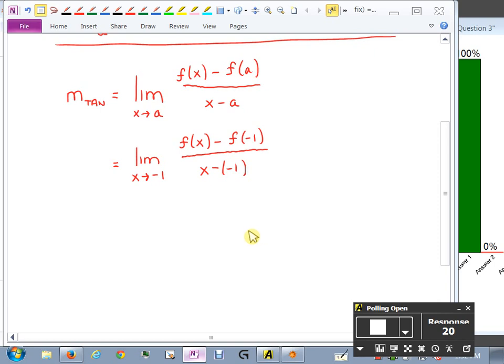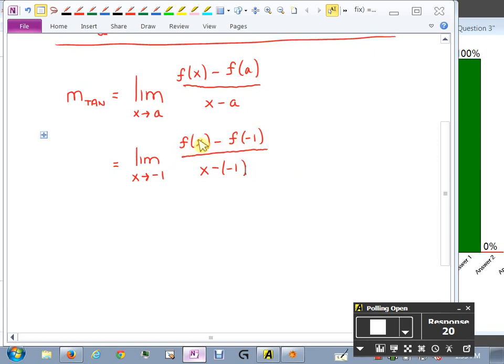Right now, let's do like we've done with every limit. Let's just try to plug in negative 1. f of negative 1 minus f of negative 1 is 0. Negative 1 minus negative 1 is negative 1 plus 1, 0. We have 0 over 0, which means we're going to have to do some algebra eventually. But first, let me figure out what the top left and top right-hand corners of these things are.